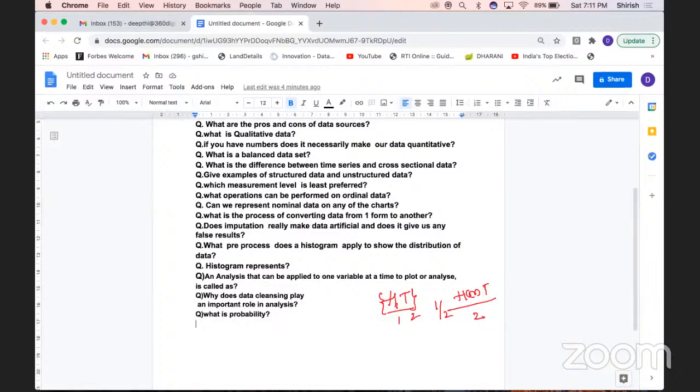Let me write down the next question. For any impossible event, what is the probability?